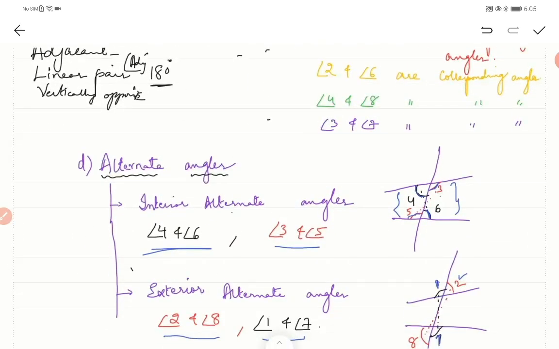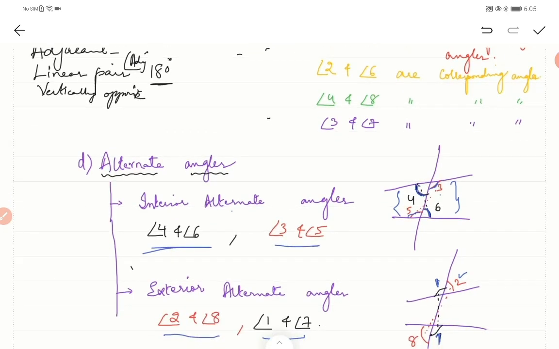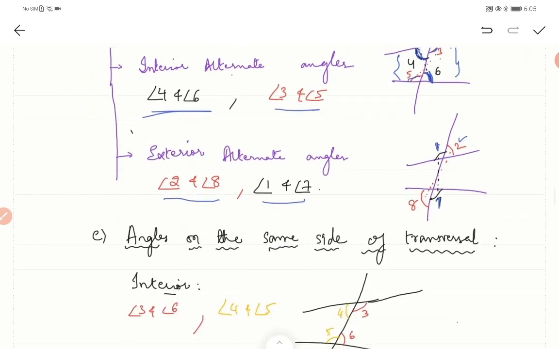Then what were alternate angles? The angles which are in alternate positions, again you'll have interior and exterior. So the interior alternate angle pairs are 4 and 6, then 3 and 5. Exterior is what? The angles here, 1 and 7, and 2 and 8.